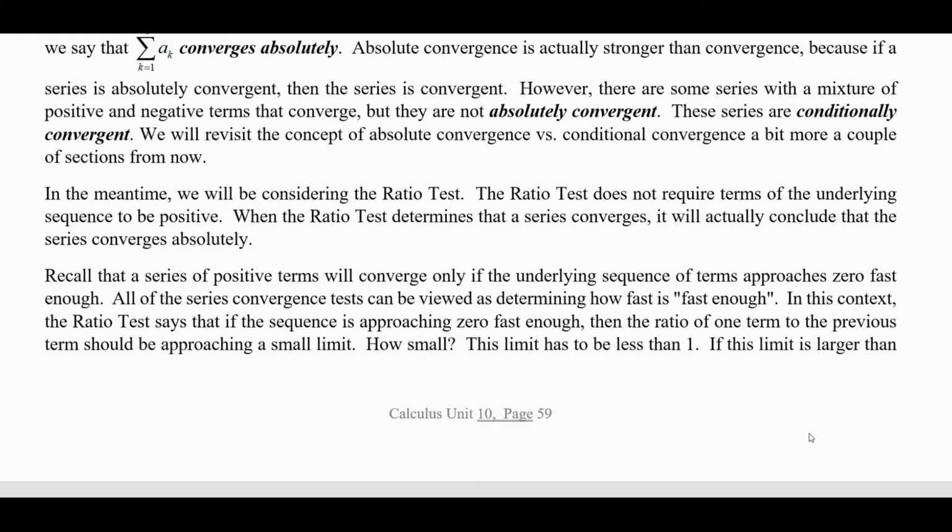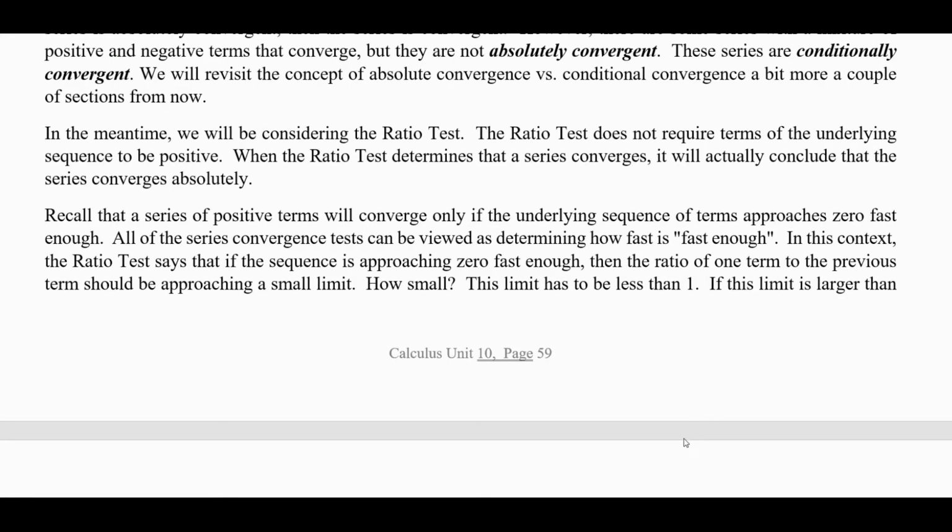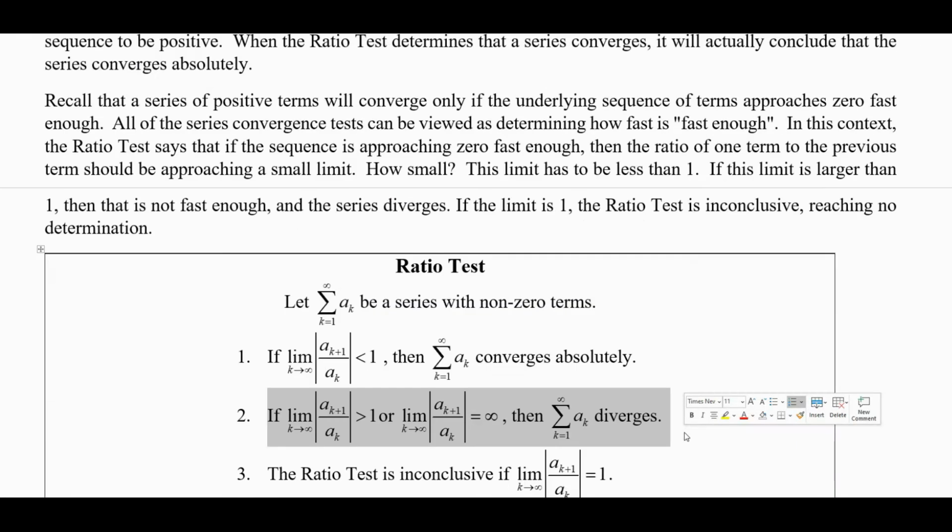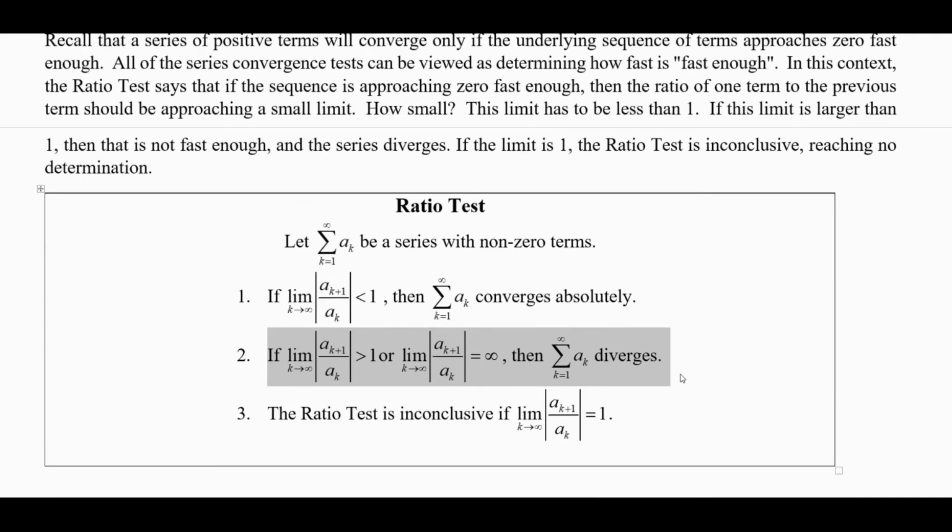How small? Well, this limit has to be less than 1. If this limit is larger than 1, then the series is going to diverge. If the limit is equal to 1, the test is inconclusive, reaching no determination, so we'd have to use some other test.